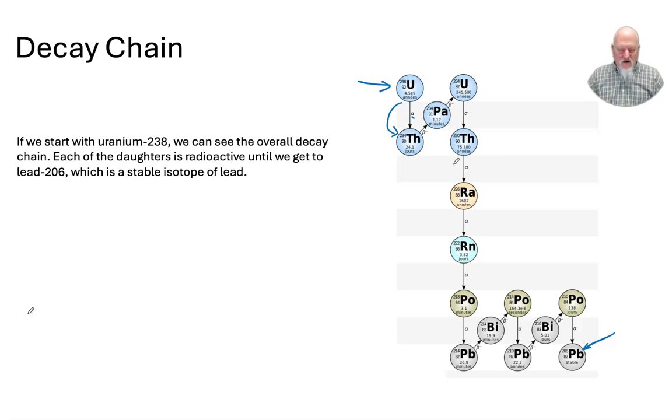And then it keeps going, and you can see at each step what type of decay mechanism it is and what the new daughter nuclide is. So this takes several steps and several radioactive decays to get to a point where you have a stable nucleus.